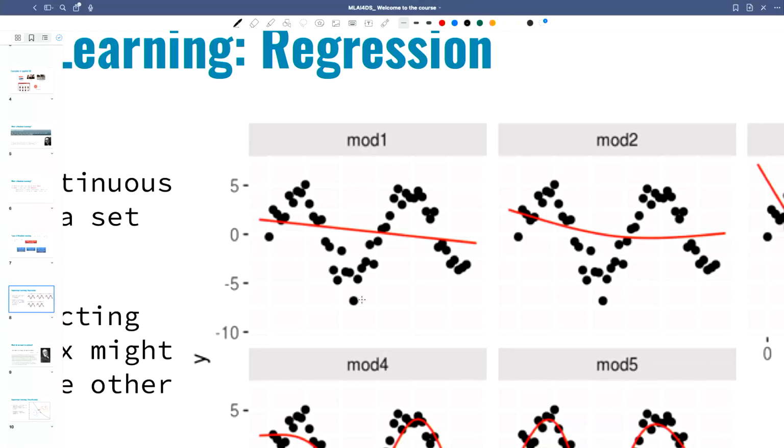Someone has gone through and done the hard work for us and collected the data. We've got maybe tens, maybe 100 of them here. And we have the target value along the y-axis. So this is the target axis, y.